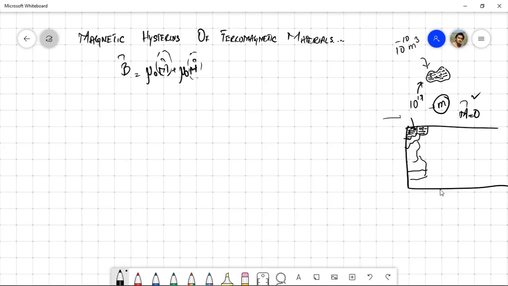We call this point O, the point at which the values of B and H are both 0. B is the magnetic flux density of the material, and H is the magnetic field intensity that we provide externally.